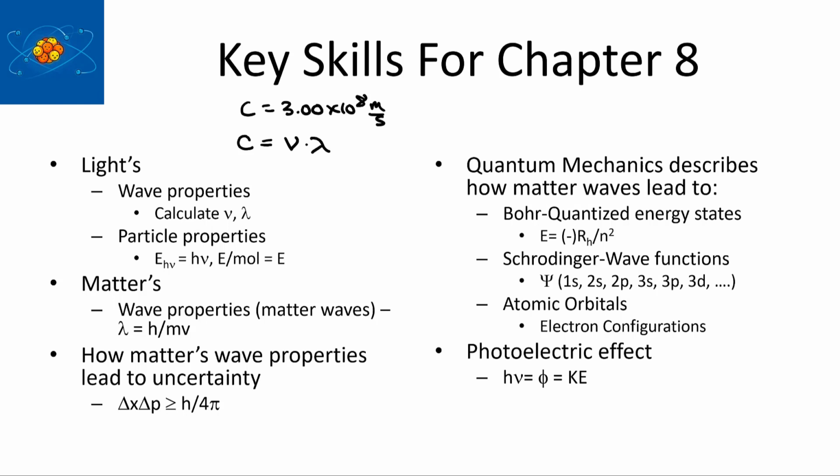The other thing that we did that you need to be able to do is calculate the distance traveled by light. So these are calculations related to distance traveled by light.